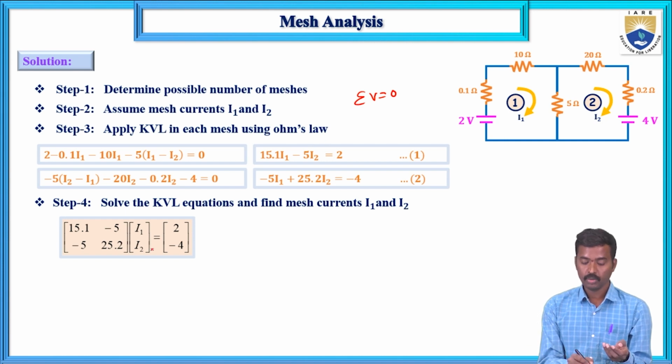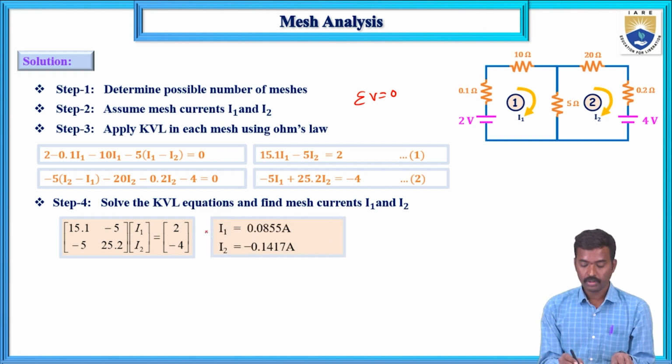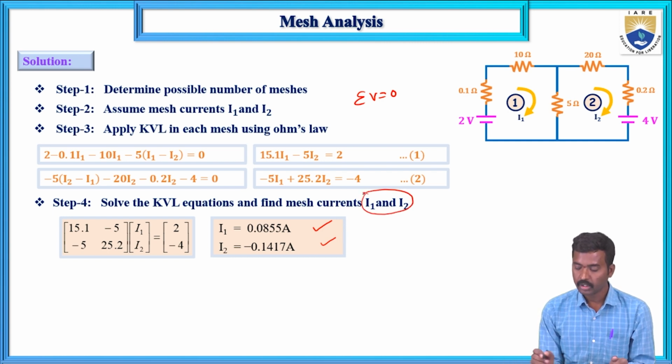Convert this into matrix form: 15.1, minus 5, 2; minus 5, 25.2, minus 4. The solution for this: I1 equals 0.0855 amperes, I2 equals minus 0.1417. So these are only mesh currents, not branch currents.